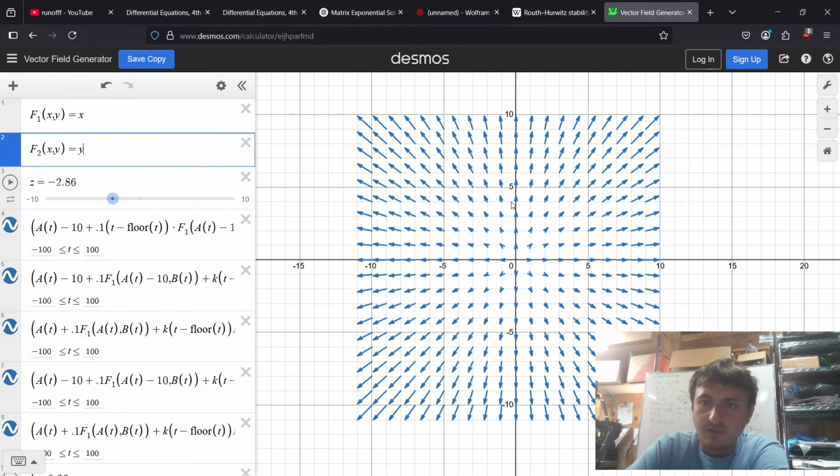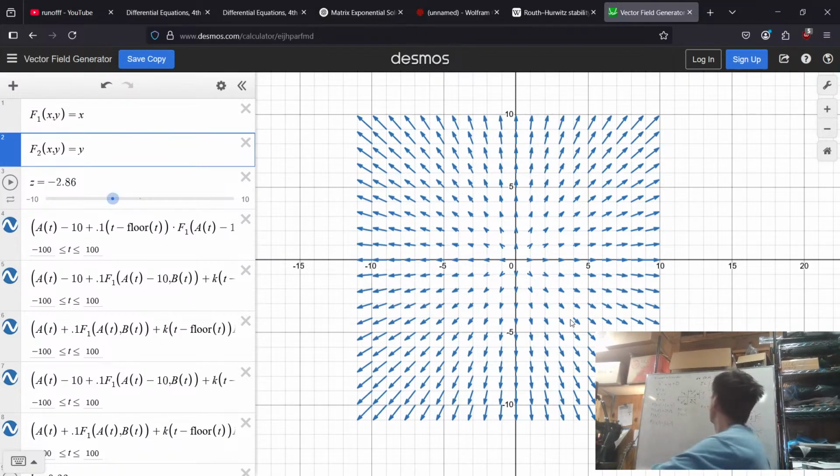What? That's not right. Because if we're here, wait, what? If you're at 1, minus 1, or minus 1 goes to minus 1. So if you're right here, then you are going to go up and over.